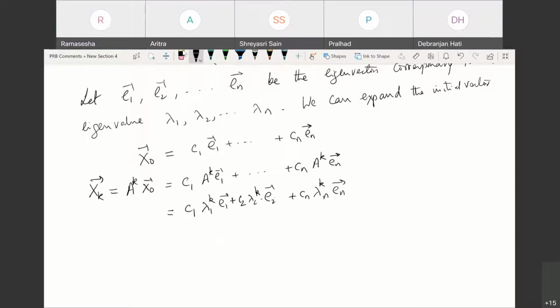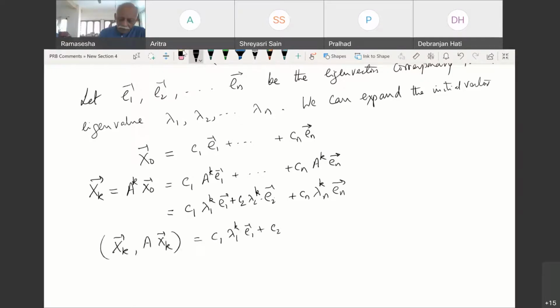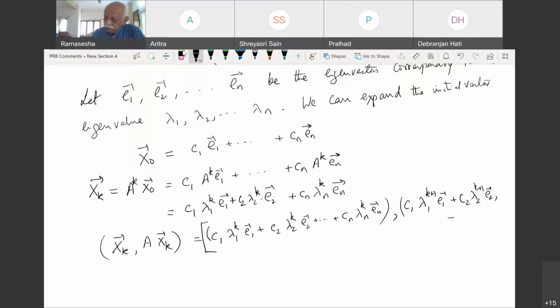I'll get C1 lambda 1 to the power k e1 plus C2 lambda 2 to the power k e2 plus etc. plus Cn lambda n to the power k en, comma, the inner product of this with C1 lambda 1 to the power k plus 1 e1 plus C2 lambda 2 to the power k plus 1 e2 plus etc. plus Cn lambda n to the power k plus 1 en.